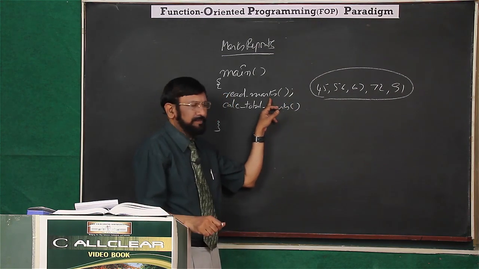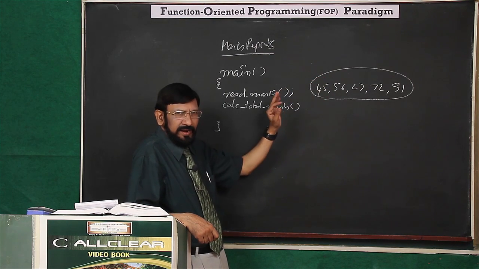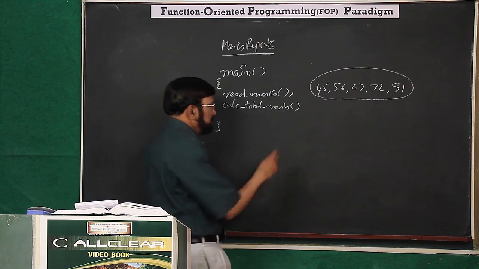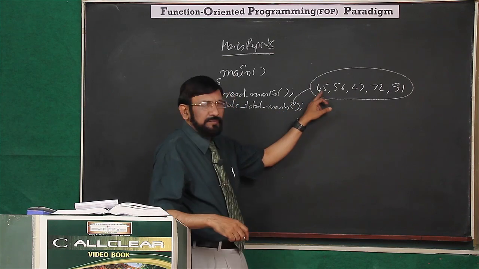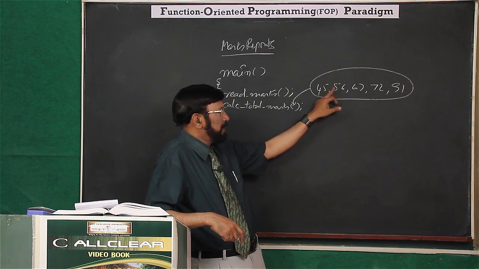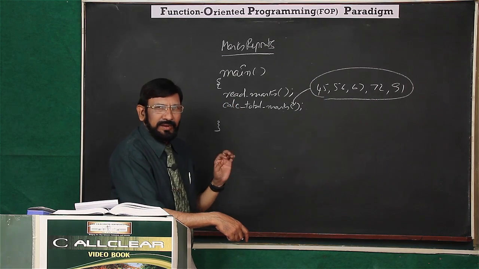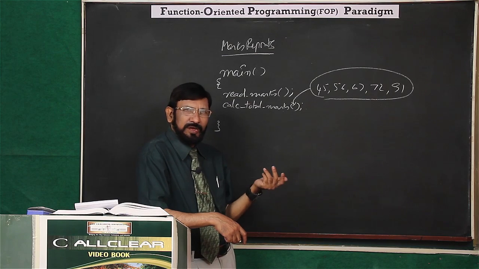Actually, the previous function has collected all the data, read the data, and stored it in the memory. Now, calculate total marks. What is it doing? It is taking all the data, like P1, marks in paper 1, paper 2, paper 3, paper 4, paper 5. It calculates the total marks using a mathematical formula.